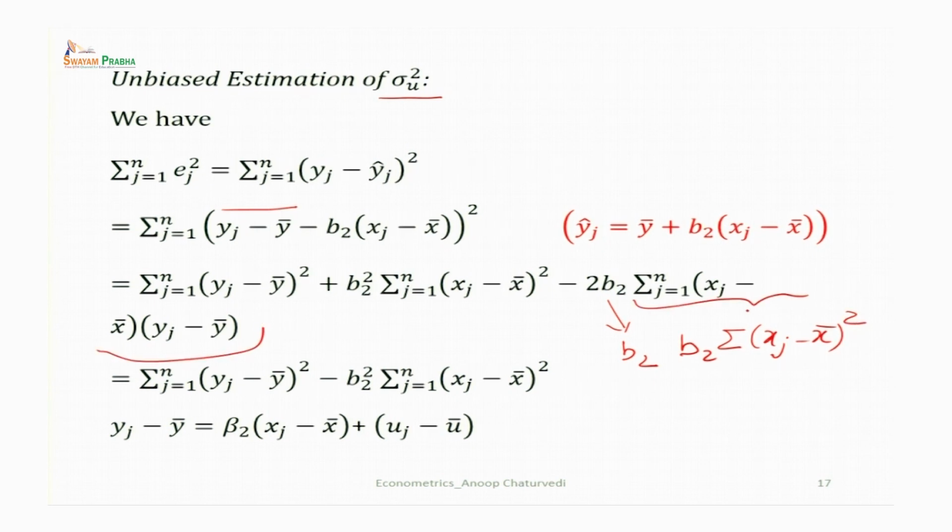This part is equal to B2 times summation x j minus x bar square. So, you get minus 2 times B2 square summation x j minus x bar square. So, finally, you get this expression. Then Y j minus y bar is equal to beta 2 x j minus x bar plus u j minus u bar.